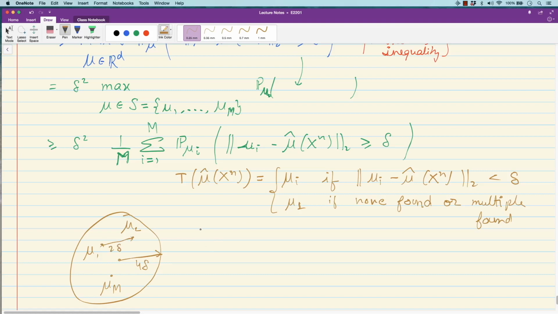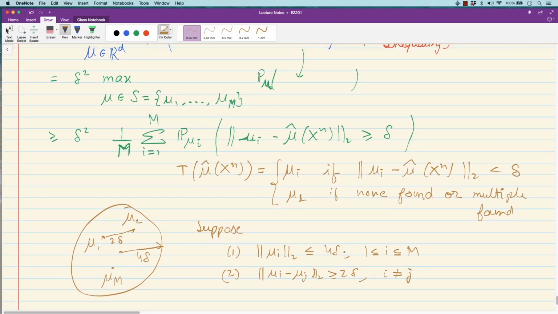So this is an assumption about our construction. We get to construct this mu1 to mu m. Suppose the first condition is norm of mu i is less than 4 delta for all i, and the second condition is norm of mu i minus mu j is greater than 2 delta for all i not equal to j.